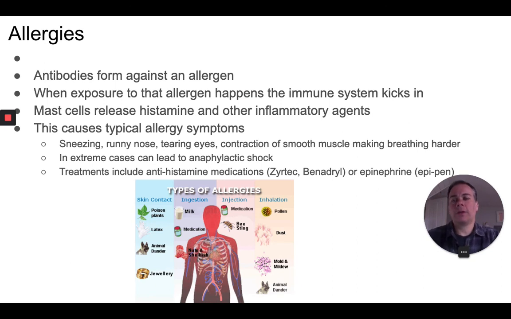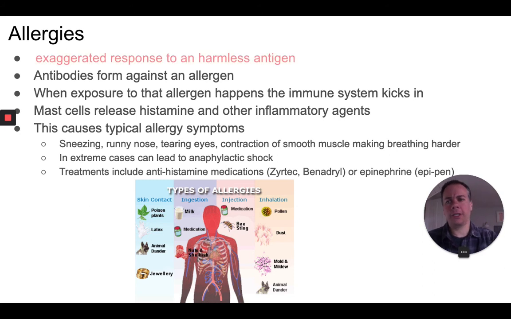And the final topic we'll talk about is allergies. Allergies are actually an immune response. Allergies are when our bodies develop an immune response to an antigen that's actually not harmful. For example, peanuts. A person with a peanut allergy gets an exaggerated immune response when they are exposed to peanuts.